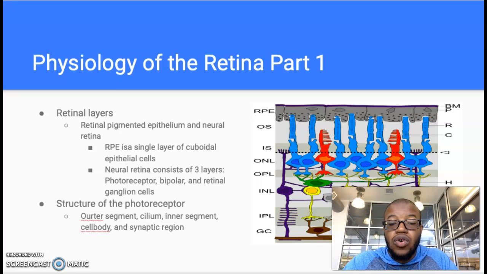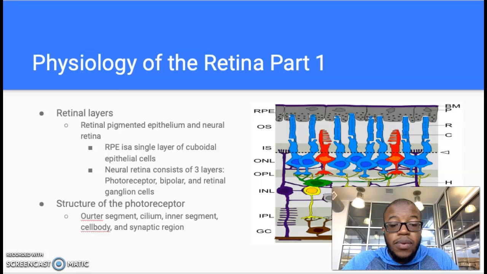Here we will go over the physiology of the retina, the first part. First, we'll talk about the retinal layers, which include the retinal pigmented epithelium and neural retina.